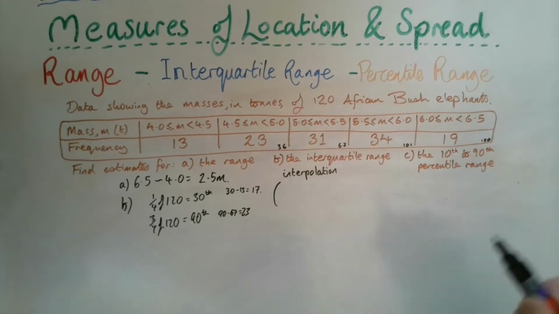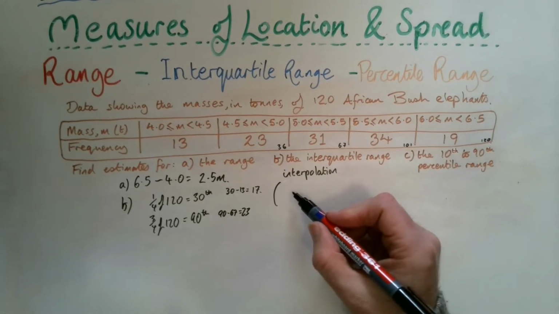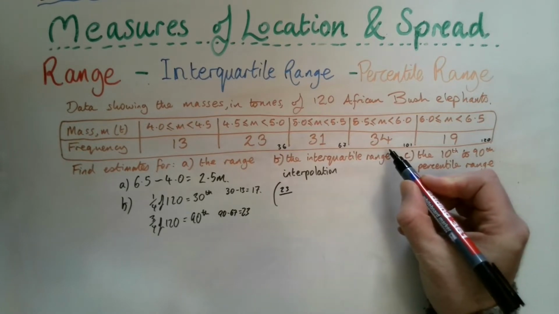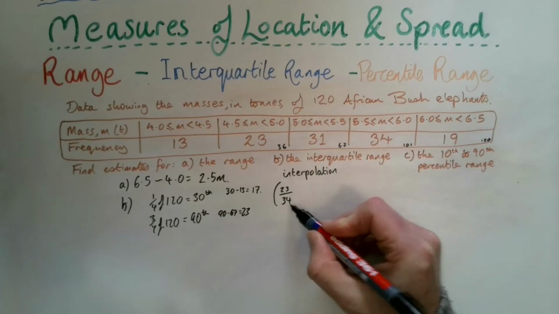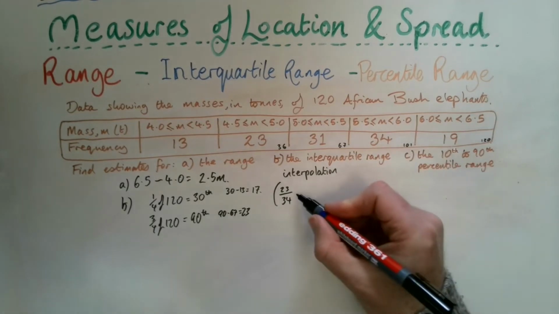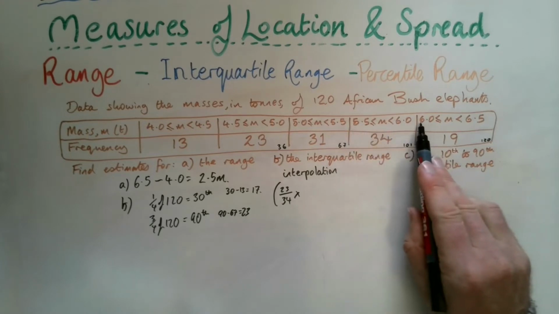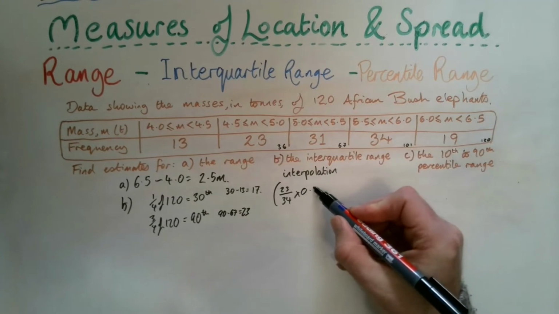So I'm going to go for the upper quartile first, and I'm going to do it all in one go, so I can just put it into my calculator in one go. So I want the 23rd out of the 34 that are in that zone. And how wide is that zone? It goes from 5.5 to 6.0 exactly, so that is a gap of 0.5.